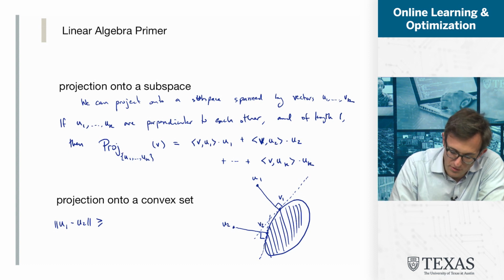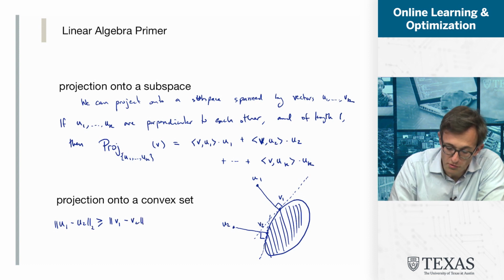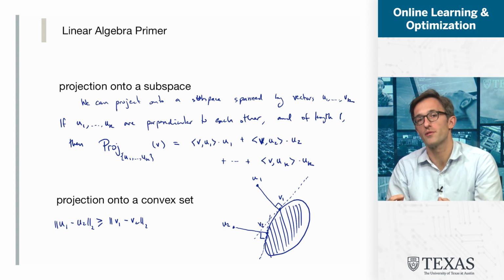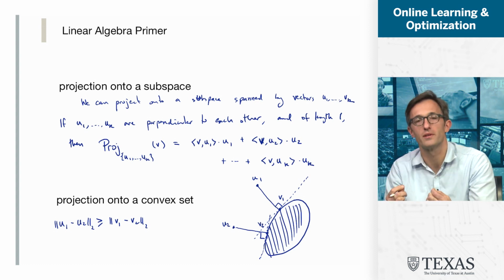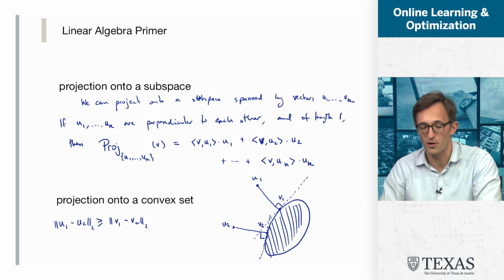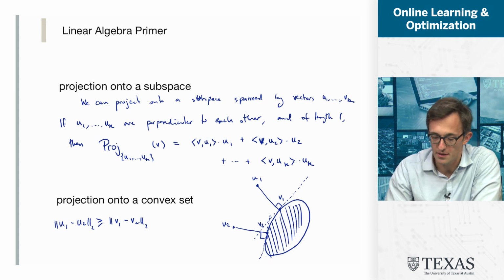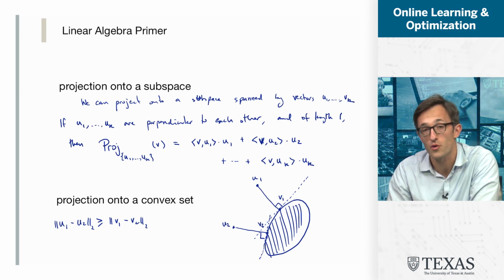So the distance between u1 and u2 is greater than or equal to the distance between v1 and v2. In other words, when you project onto a convex set, you can only bring things closer together. You don't have to bring things strictly closer together, but you can't expand them farther apart. And this is a property we're going to use extensively when we think about algorithms for constrained optimization.